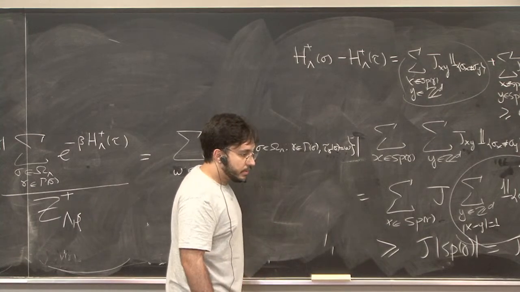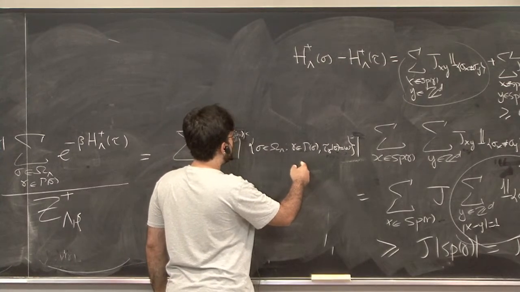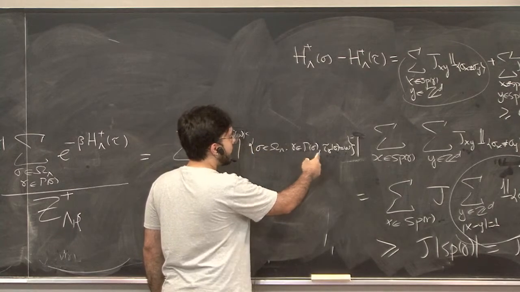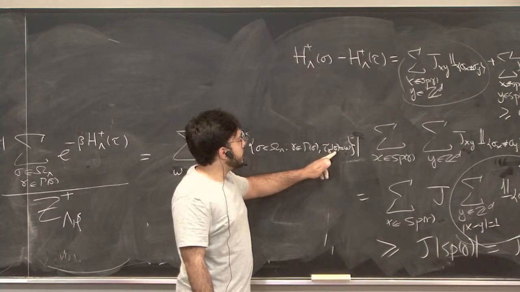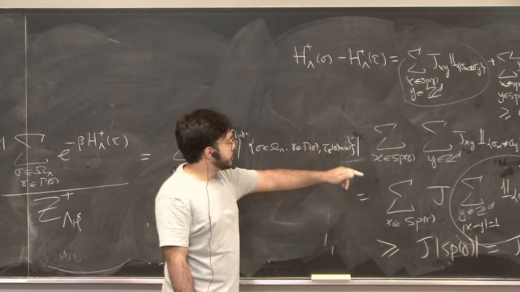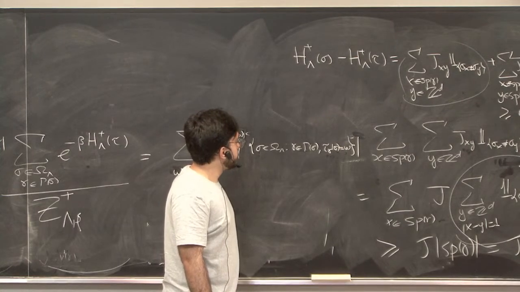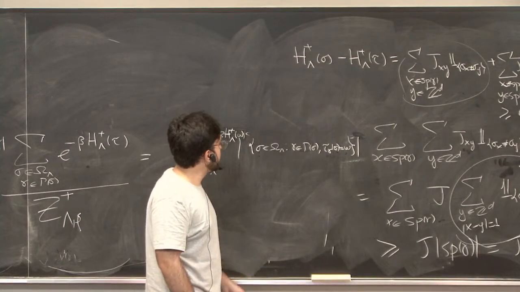The only degree of freedom that I have is what is happening inside the support, because every time that I pick a sigma here and I go to the support, I erase everything and put just a +1.